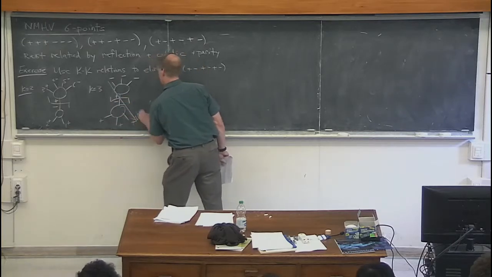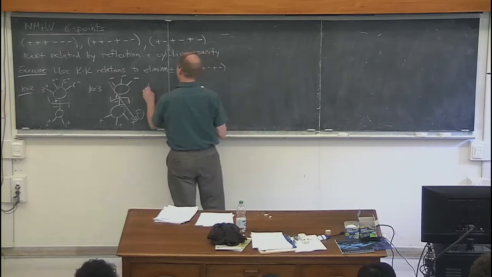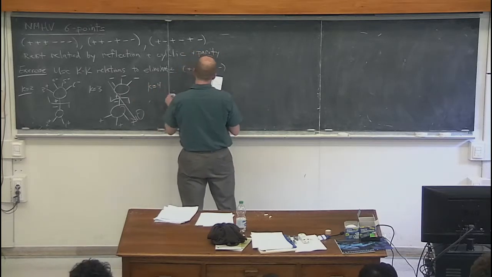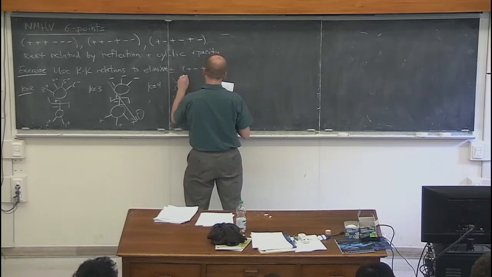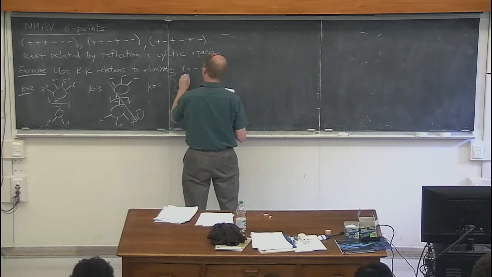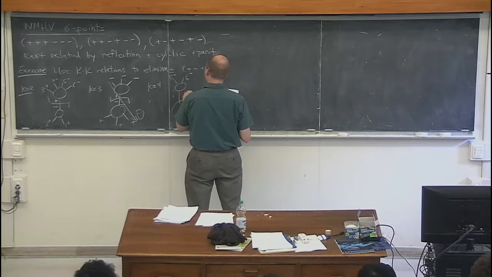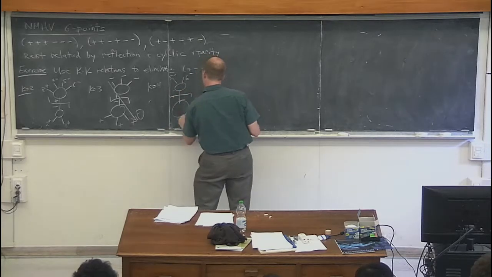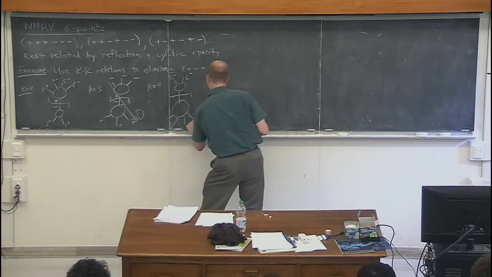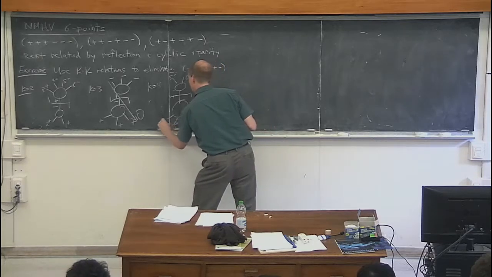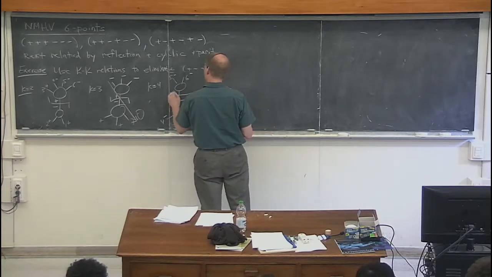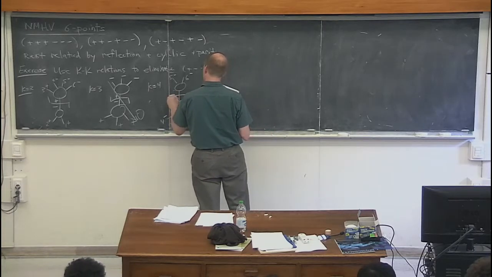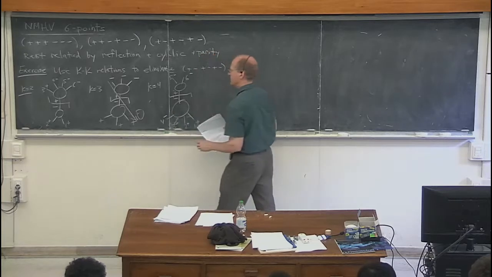So that's 0, or 0 on the top too. And then k equals 4 is, and then this one wants to be a minus and this a plus.